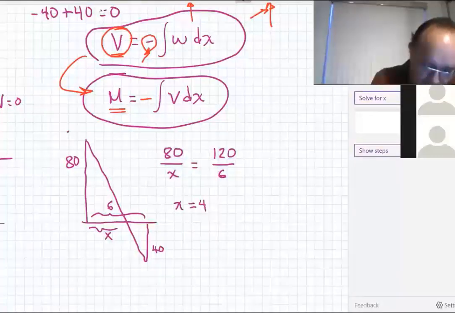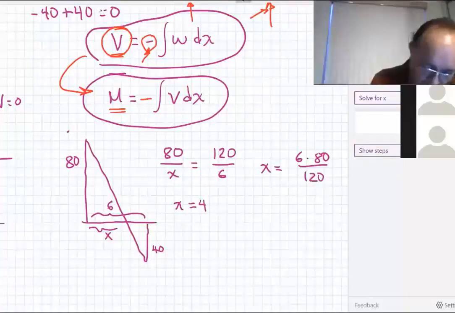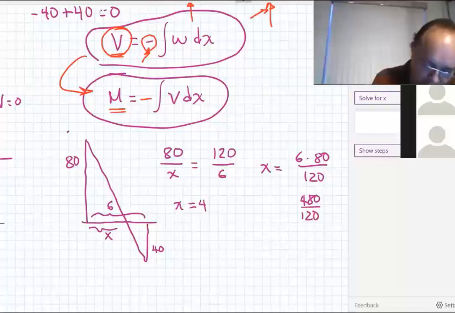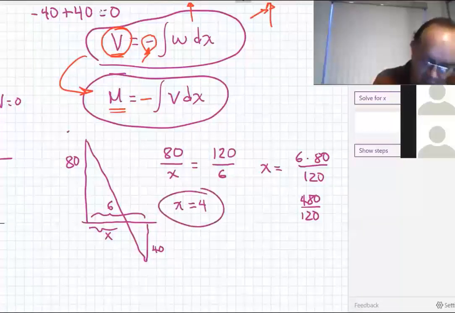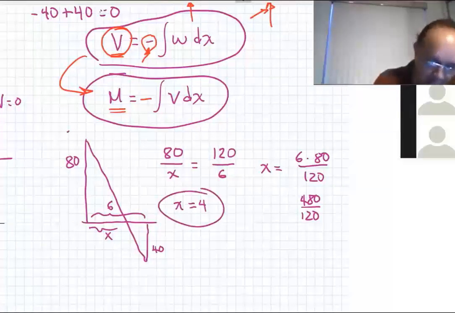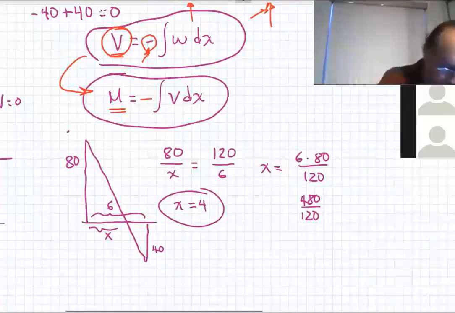Well, it's a very simple operation, right? 6 times 80 divided by 120. That's 480 divided by 120 equals 4. Okay, so we have x equals 4.